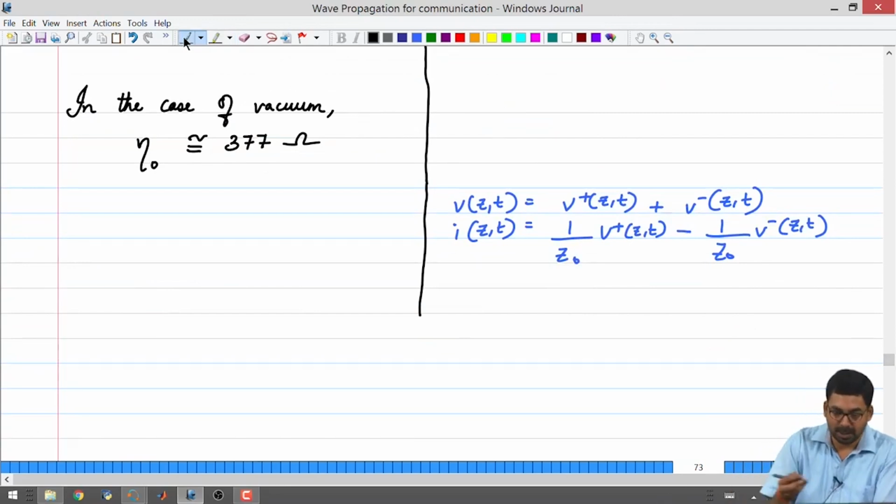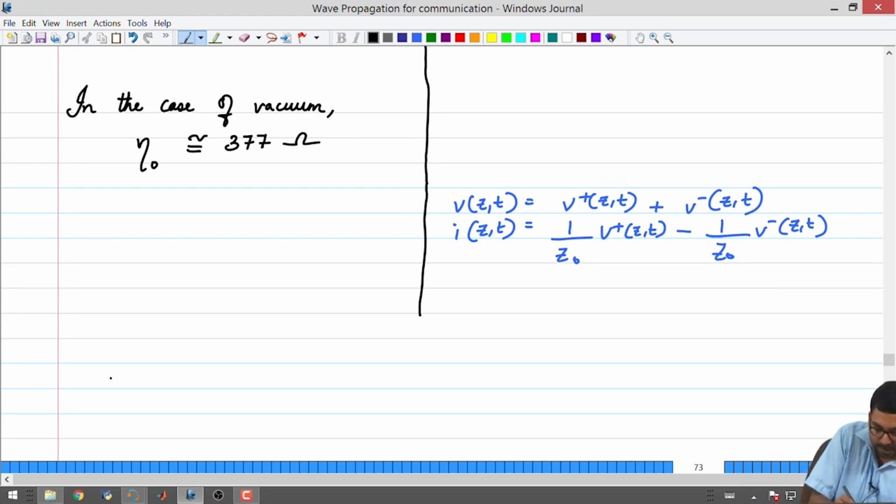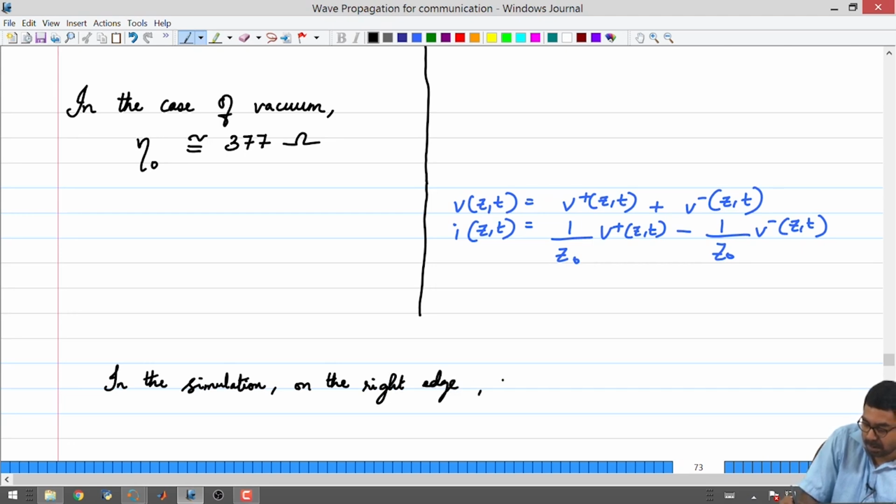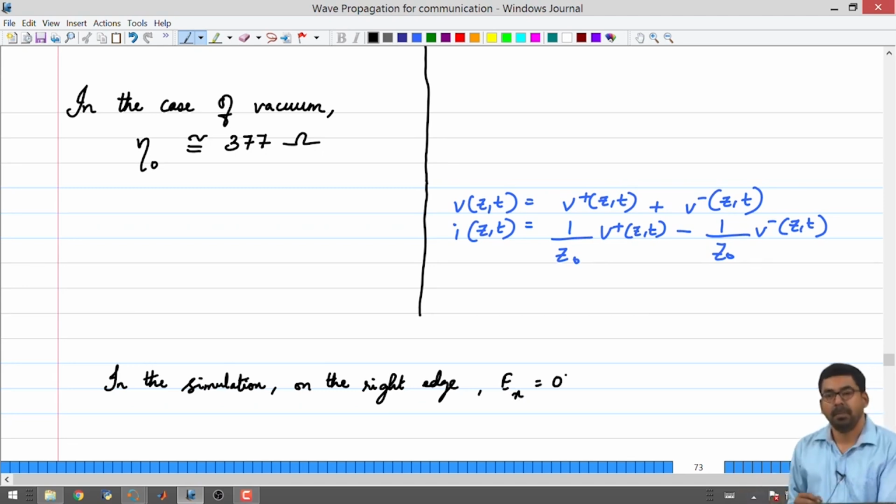Okay. So, on the right edge, okay, Ex is equal to 0, all right, is what we had.